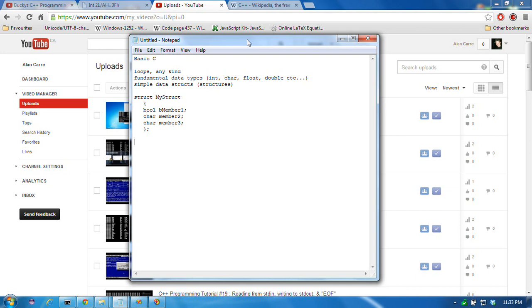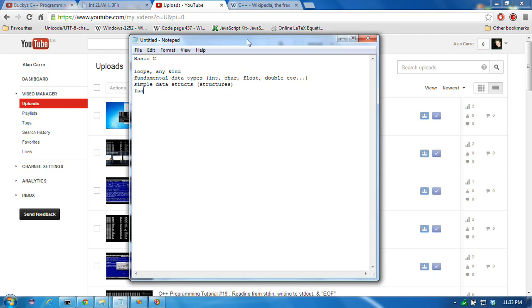You would have to indicate struct, my struct. So in order to not have to retype this over and over again, they use the typedef keyword. In C++, one of the advantages is that you don't have to do that. Okay, but that's just a detail. It's not important.